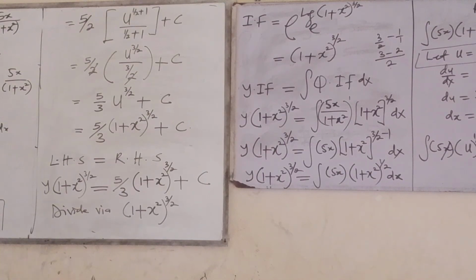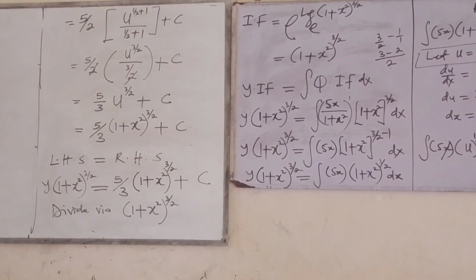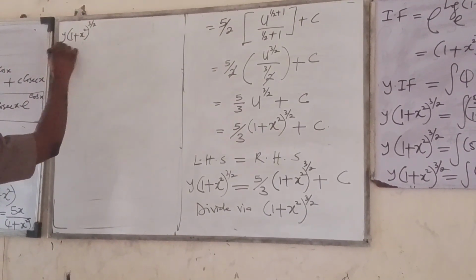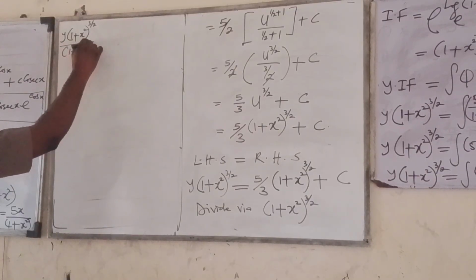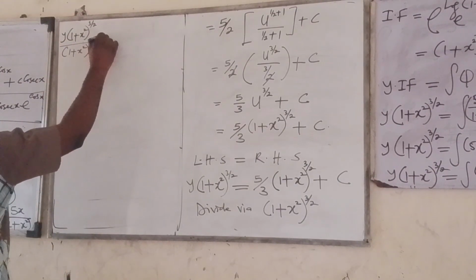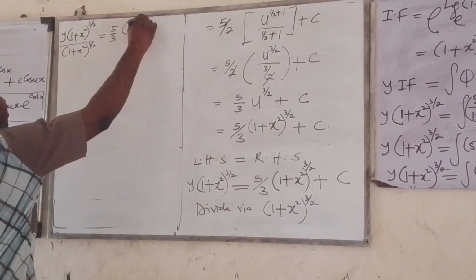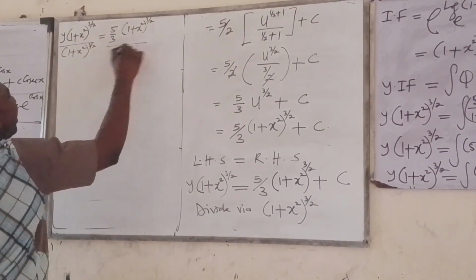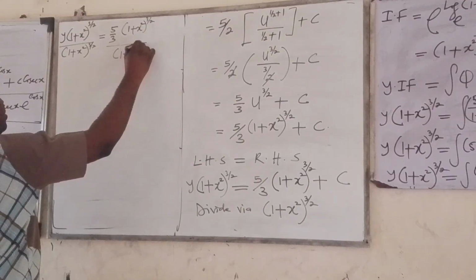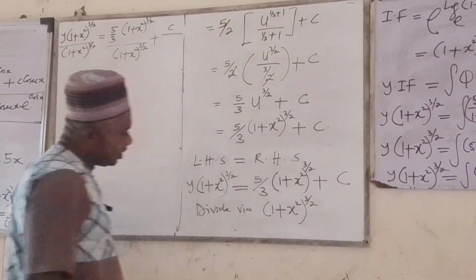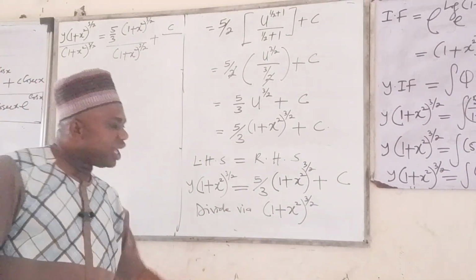So here we have y in brackets 1 plus x squared raised to the power of 3 all over 2 divided by 1 plus x squared raised to the power of 3 over 2, equal to 5 all over 3 in brackets 1 plus x squared raised to the power of 3 over 2 divided by the same, then plus c all over it, because we are dividing through both the left hand side and the right hand side by 1 plus x squared raised to the power of 3 over 2.